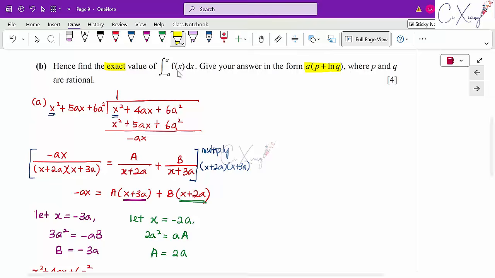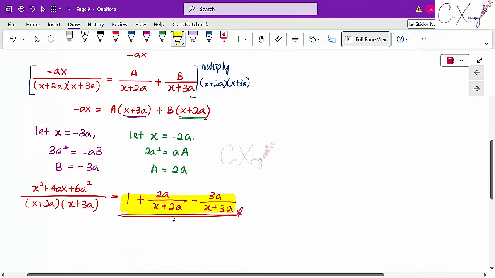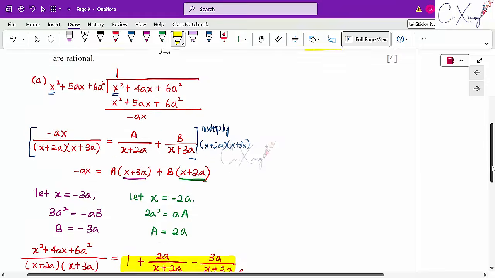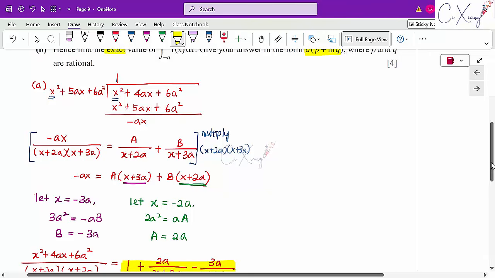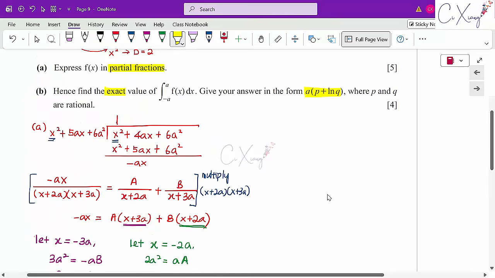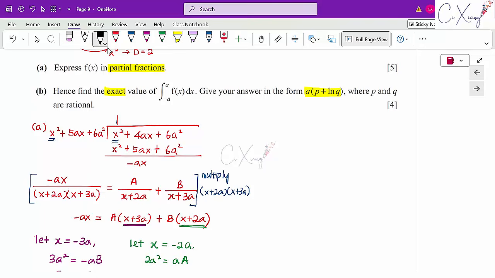For this integration, since we already found the partial fraction just now in part A, what we should do here is use the partial fraction in our integration. Maybe I write my part B here.